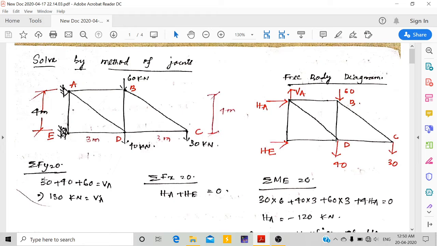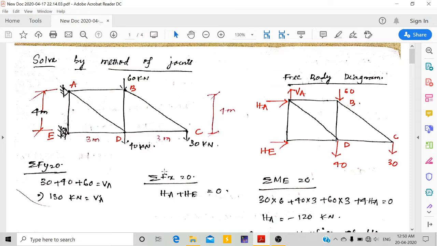So first summation of Fy, it means the forces acting along y direction, means the upward force equal to downward force. So only at this VA, means at the hinge, VA is in the upward direction, and this 40, 30 and 60 is in the downward direction, which is equal to 130 kilonewton. So VA, the vertical reaction at the hinge, is 130 kilonewton.